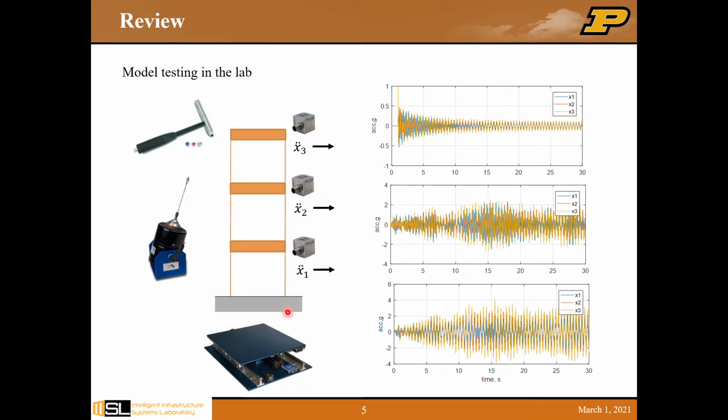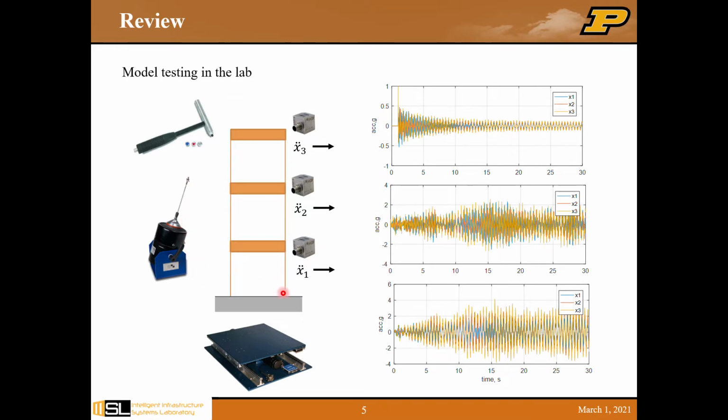Also, we need devices to provide excitations. A typical excitation device could be a hammer to provide impact testing. We can hit each floor, right? And we can also use the shaker. Similarly, we can attach the shaker to the different floors of the structure using the stinger here.